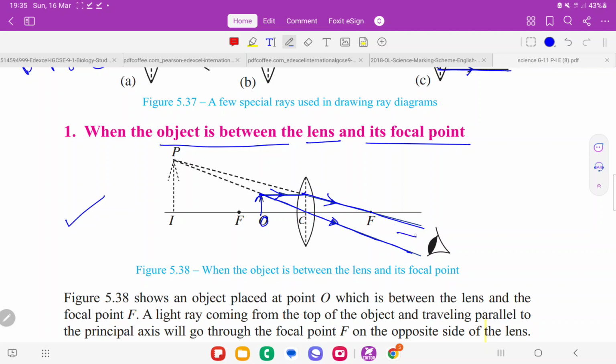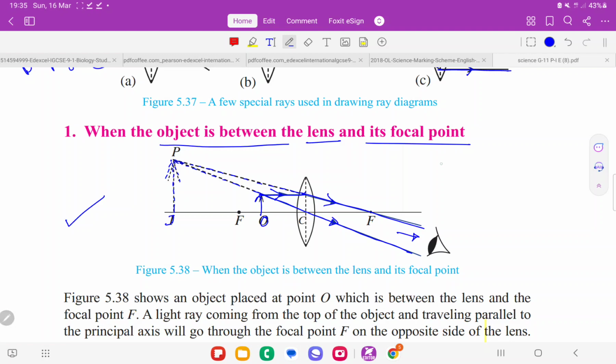But on this side there is no converging of light rays. Then we have to extend these light rays to the same side, and it creates an upright virtual image. This is not a real image, because it is created on the same side of the lens.